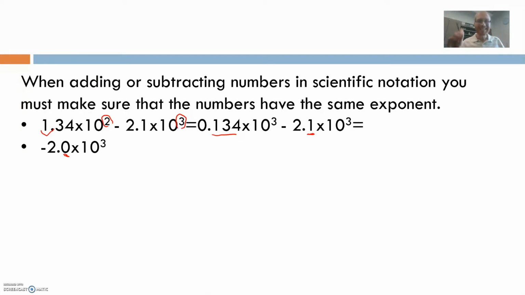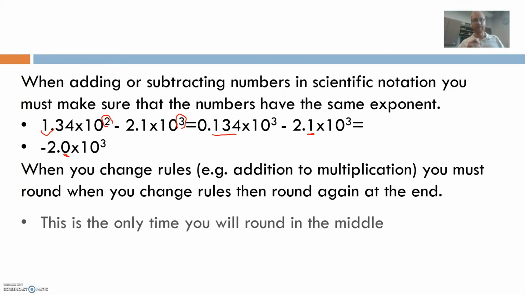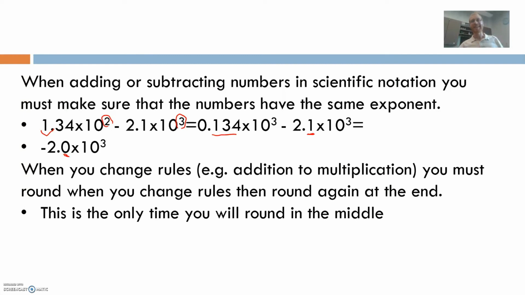The only time you have to round in the middle of the question is when you switch rules. So when you're adding numbers and then you multiply, or when you're dividing numbers and then you subtract, whatever, you've got to round when you switch the rules and then finish the problem and round again, okay? This is the only time you will round in the middle of a problem.